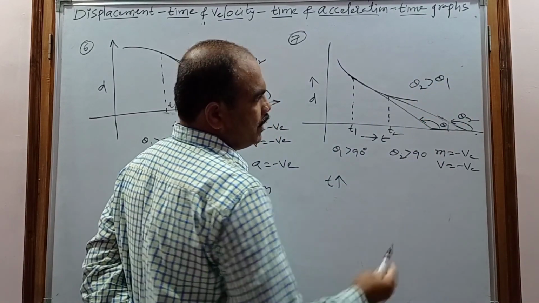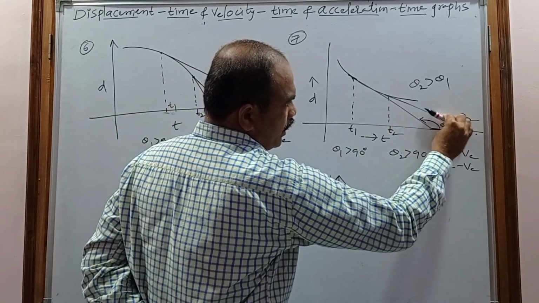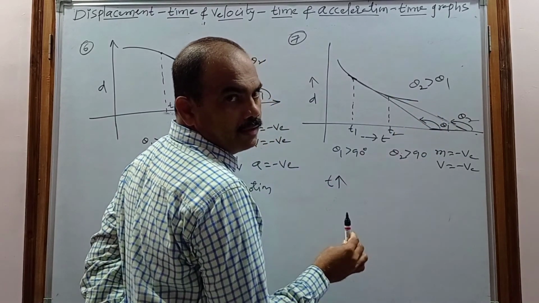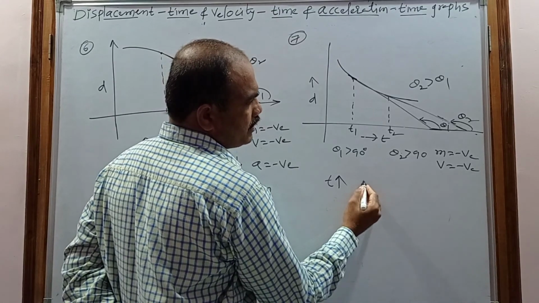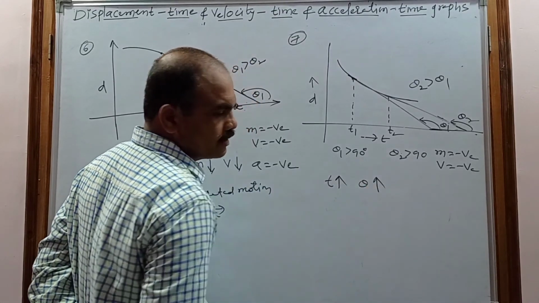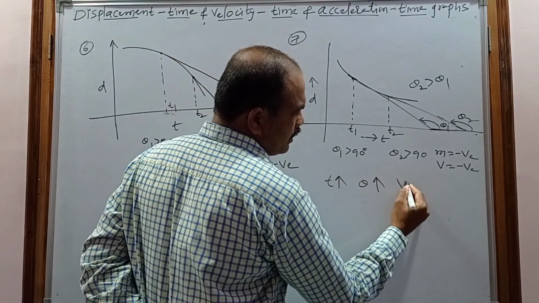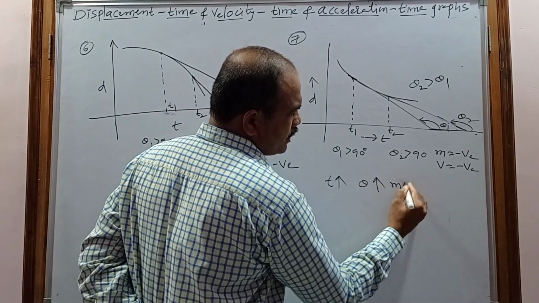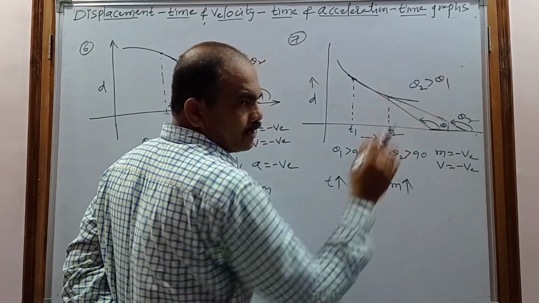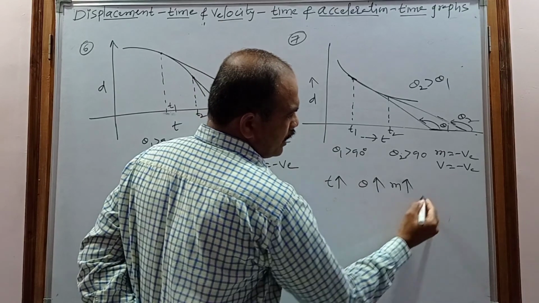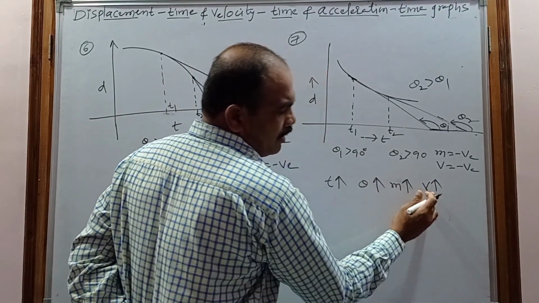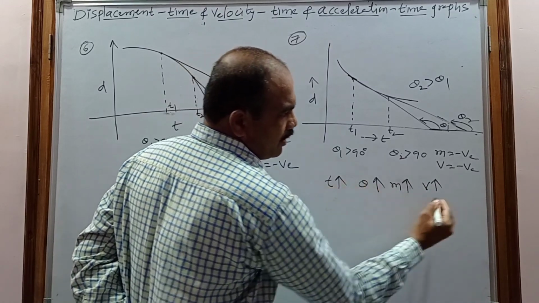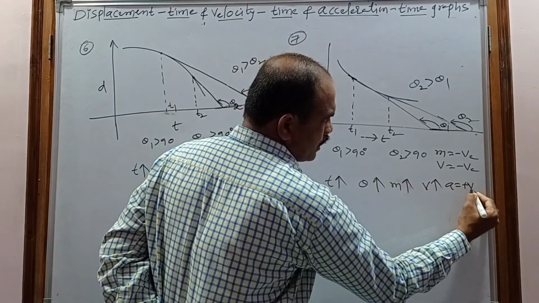Observe, here it makes less angle at t1 and more angle at t2, and the time is increasing. So the theta also increases, and the slope also increases. It has an increasing slope. The slope increases, so the velocity also increases. When the velocity increases with respect to time, it has positive acceleration.